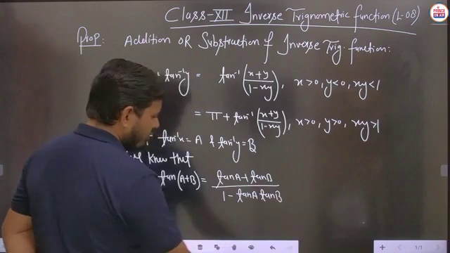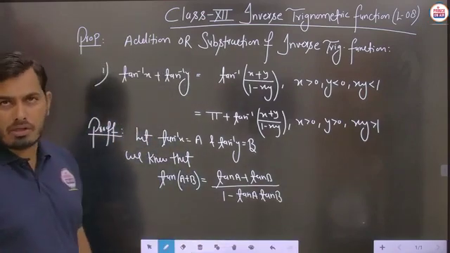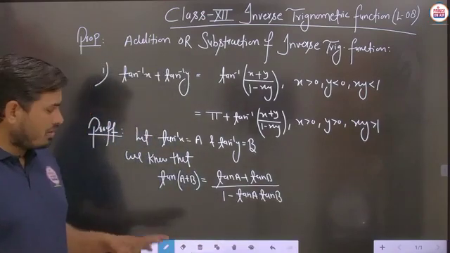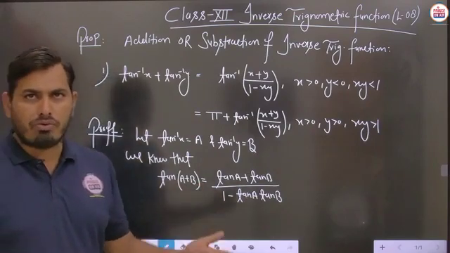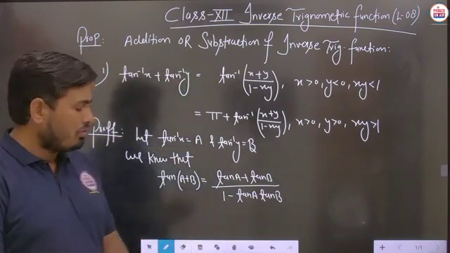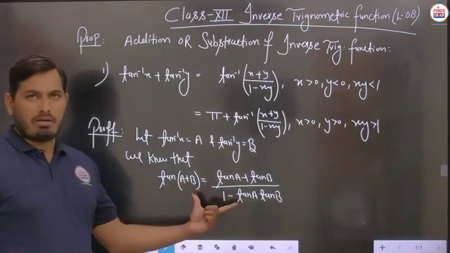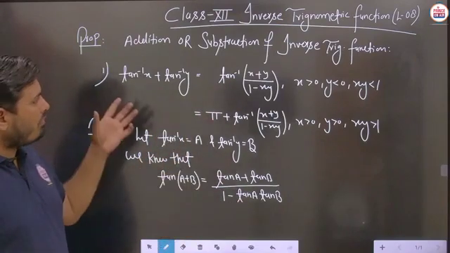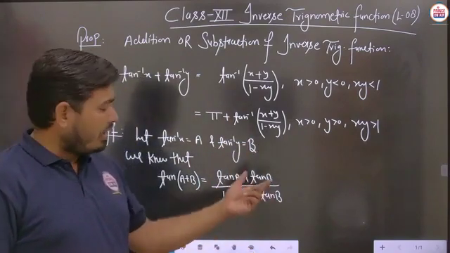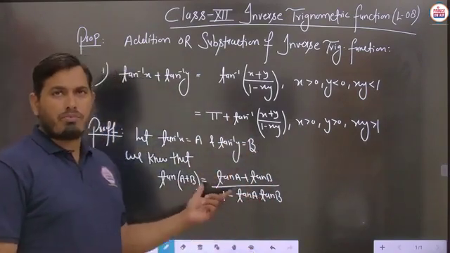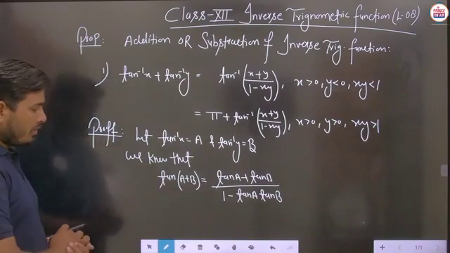I think each and every student knows this formula very well, because in class 11th you already discussed the addition and subtraction formulas related to tan, sin or cos. So from where are we taking this result? Because for the proof of each and every inverse trigonometric formula, we use the trigonometric formula, and by using them we prove the inverse trigonometric properties.